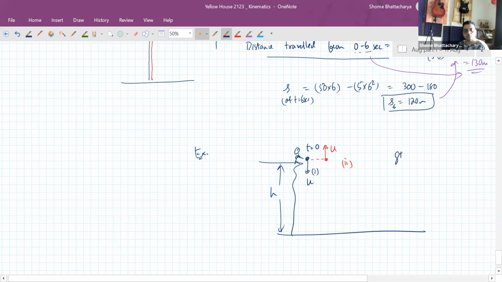Given H is equal to, let us say, 300 meters. In case 1, U is equal to 20 meters per second downwards.